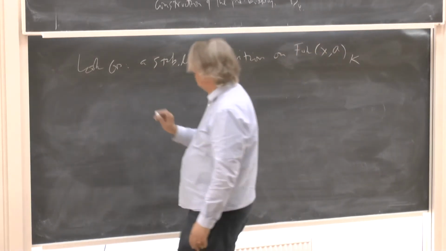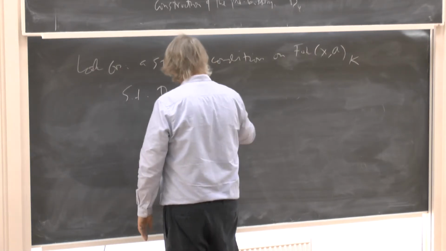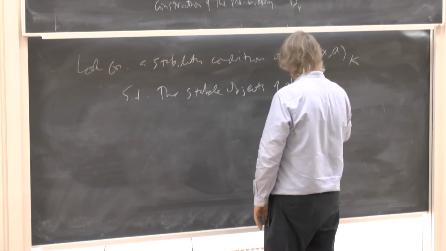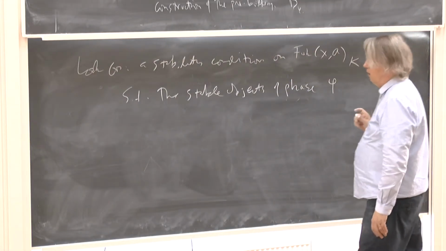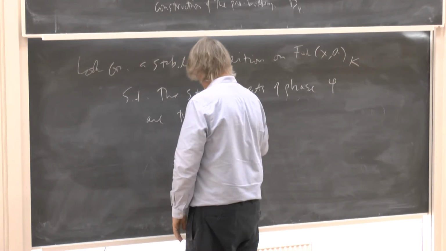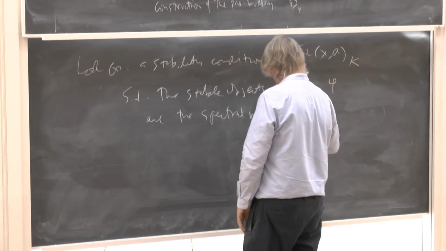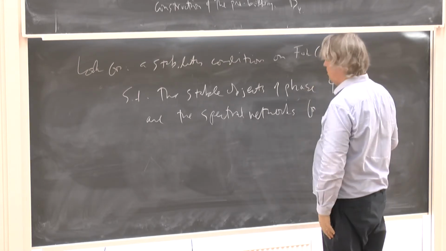Such that the stable objects of some given phase phi are the spectral networks.